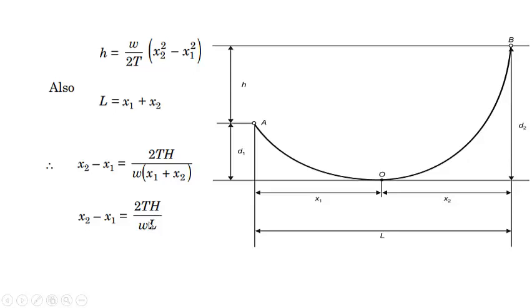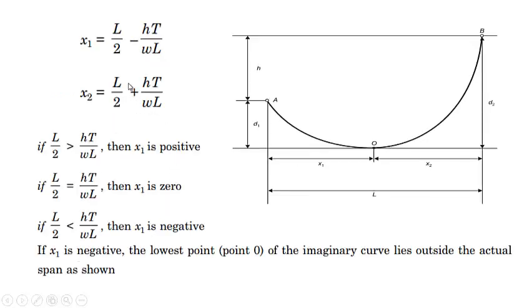So when these two equations are added, you can see that x1 and x1 will cancel out, and this will be 2x2 will be equal to L plus twice th divided by wL. That means x2 will be equal to L by 2 plus th by wL, and 2 is divided.